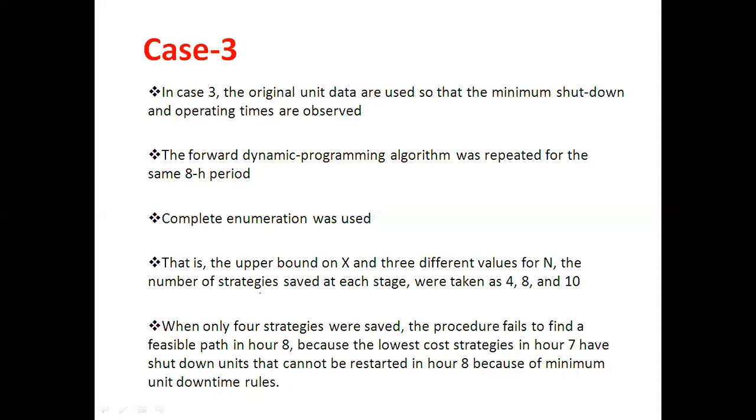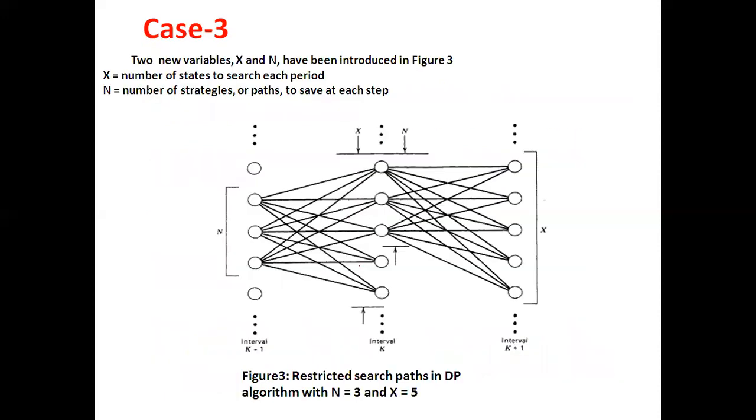For case 3, we also use the complete enumeration that we did in the second case, but the difference is that we are introducing a constraint called the minimum up and down time. Another part is the upper bound x, where we take different values of n, that is 4, 8, and 10, the number of strategies saved at each state.